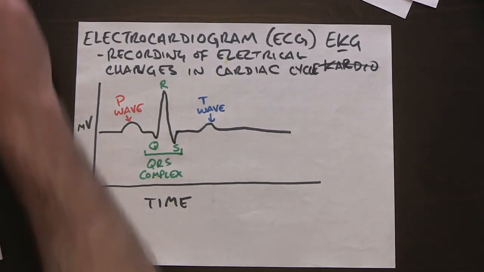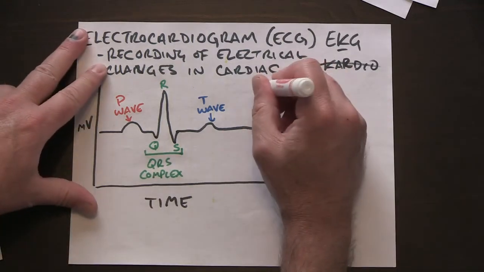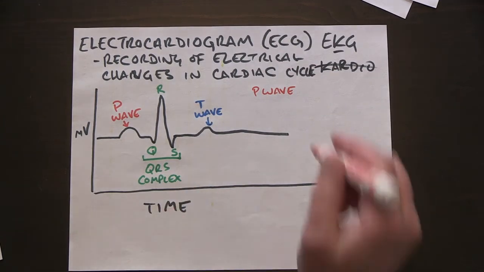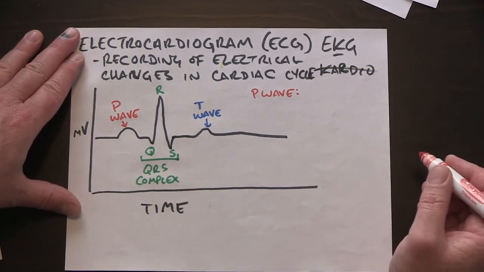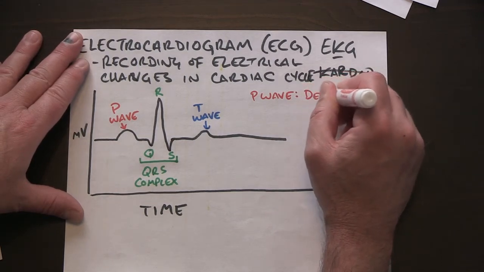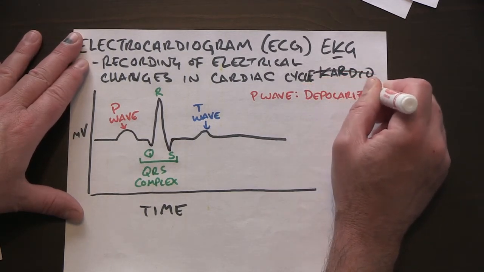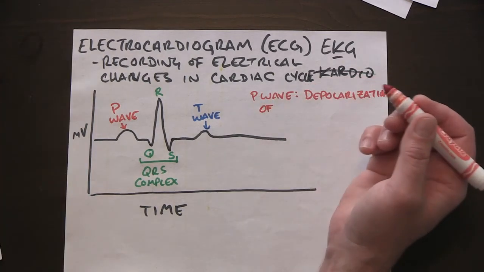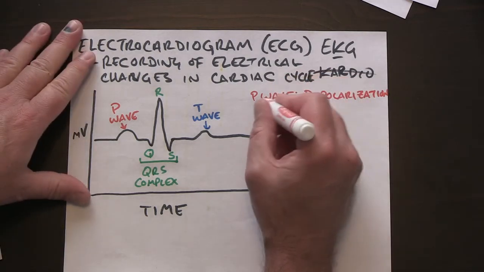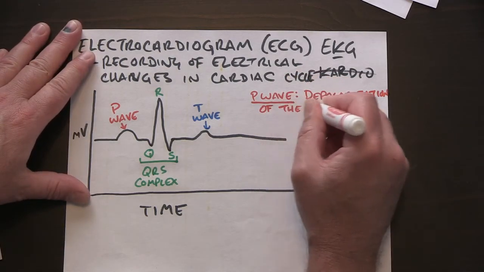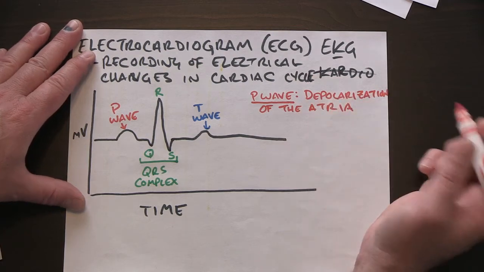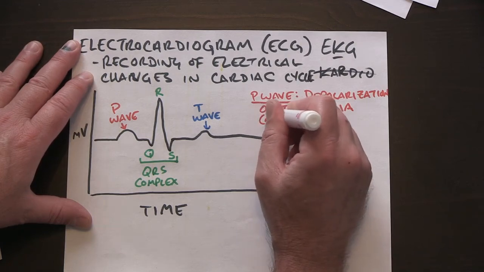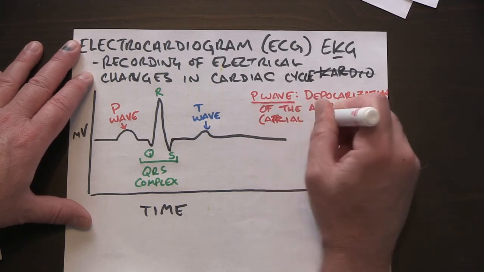The P wave represents the depolarization and therefore the contraction of the atria. So what you're talking about is atrial, not arterial, atrial systole.